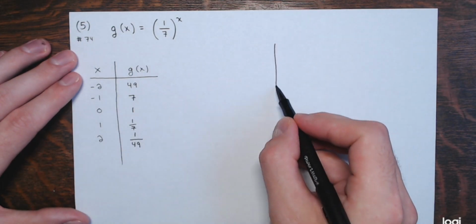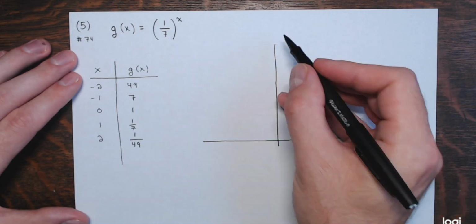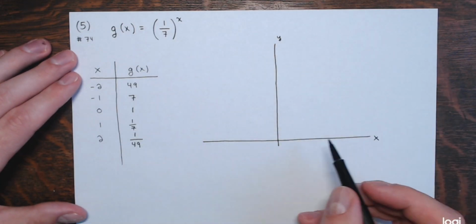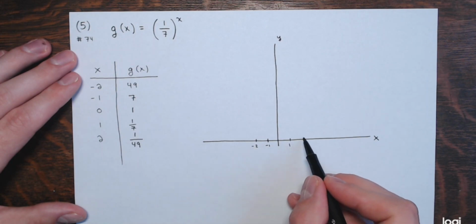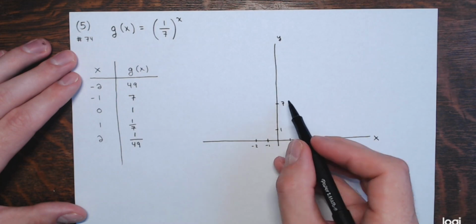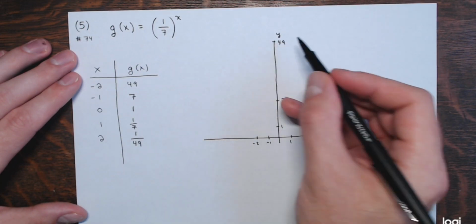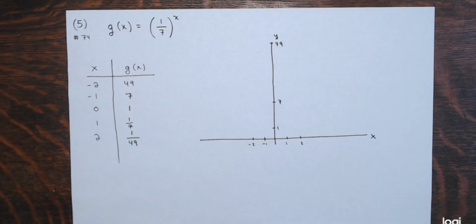Then again, just a rough graph. So we're plugging in -1, -2, +1, +2. And again, here's 1, and let's say there's 7, and again, way up here is 49. This is not perfect by any means, but we're just going to get a rough shape.